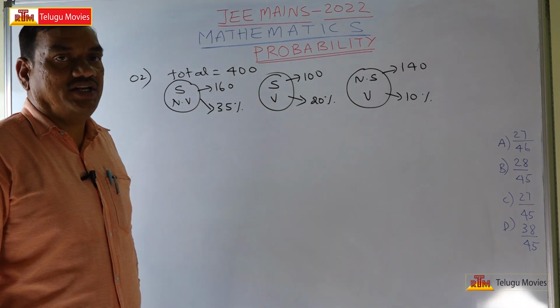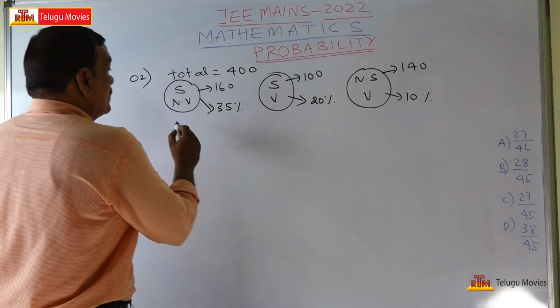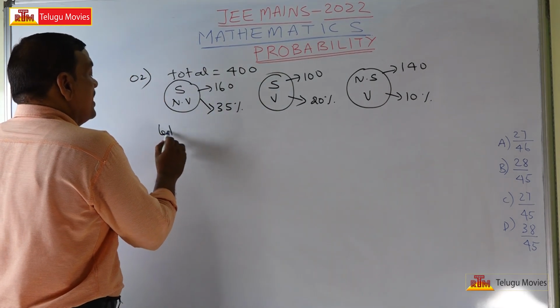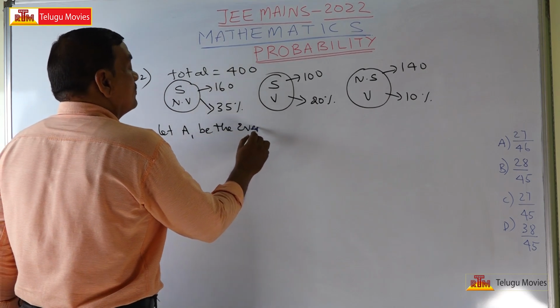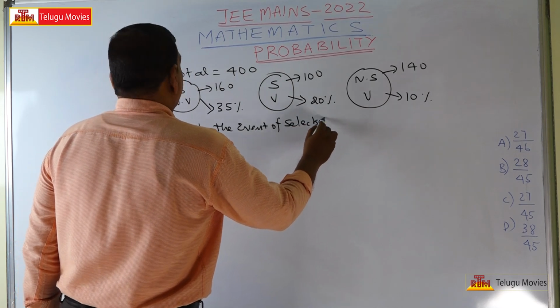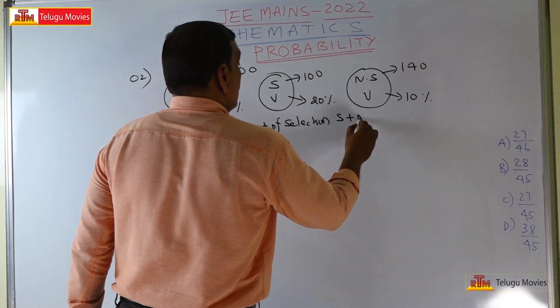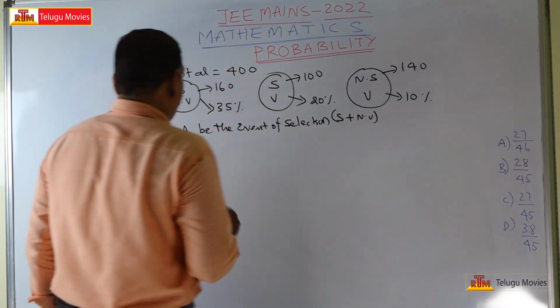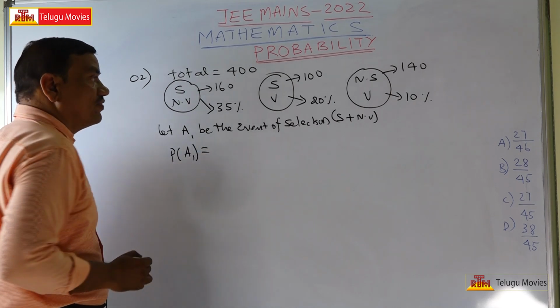Okay now. First, let A1 be the event of selecting a smoker and non-vegetarian. What is the probability of A1?